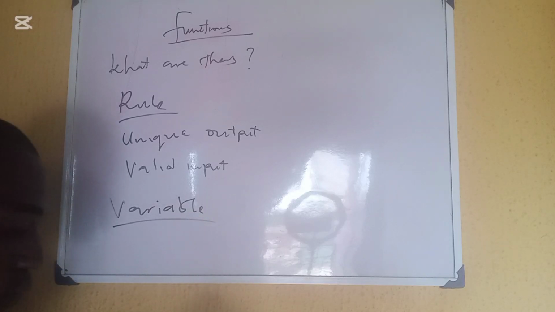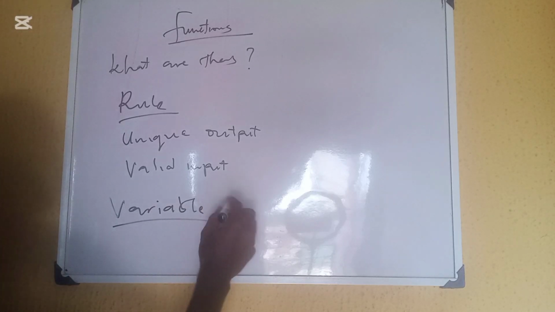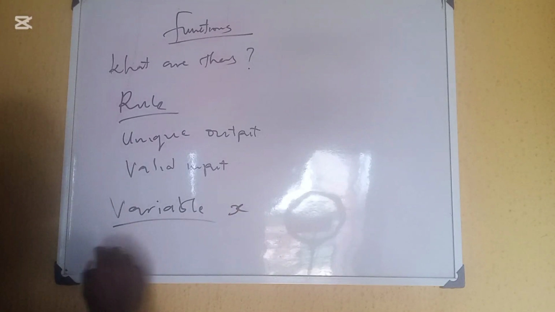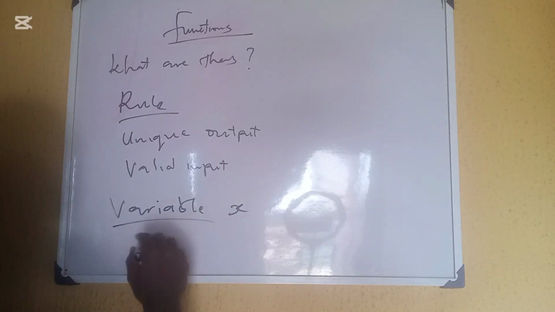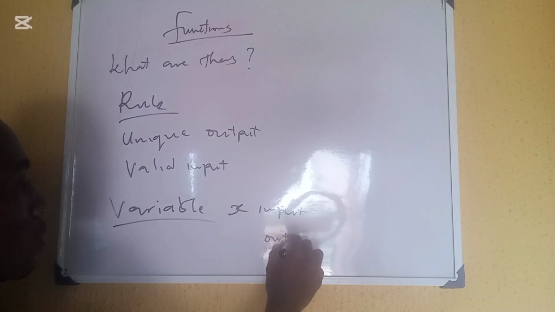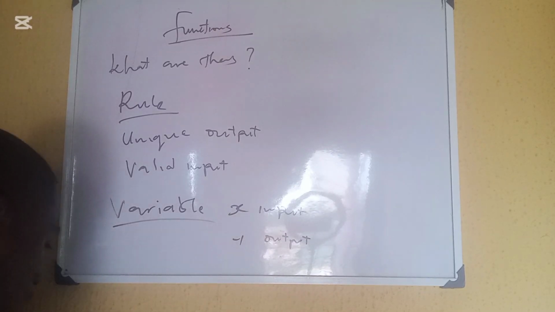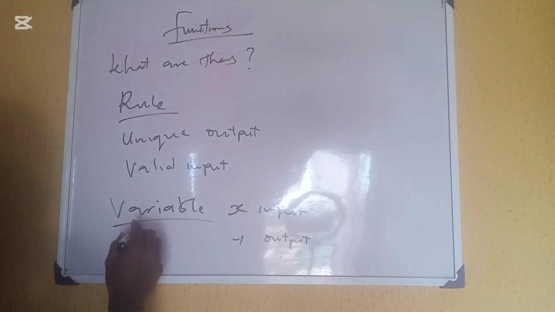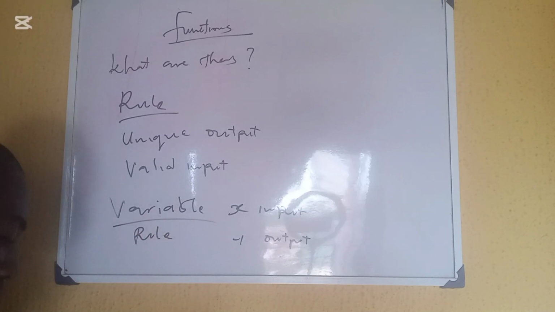So we have the input variable, we have the output variable. We usually assign x to the input, and for the output we assign y. But you can assign any alphabet to it. The word rule comes in again, that describes how a value of the variable x is manipulated.